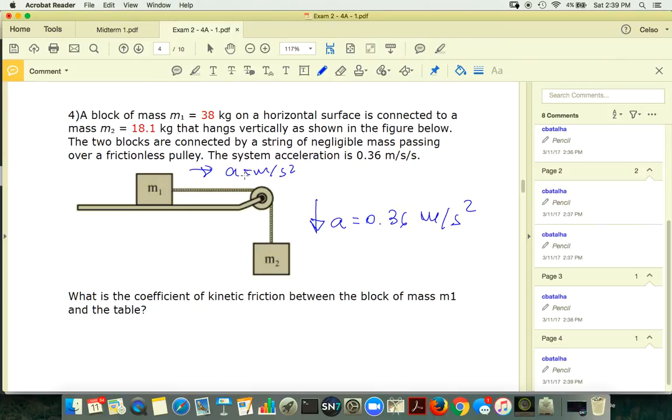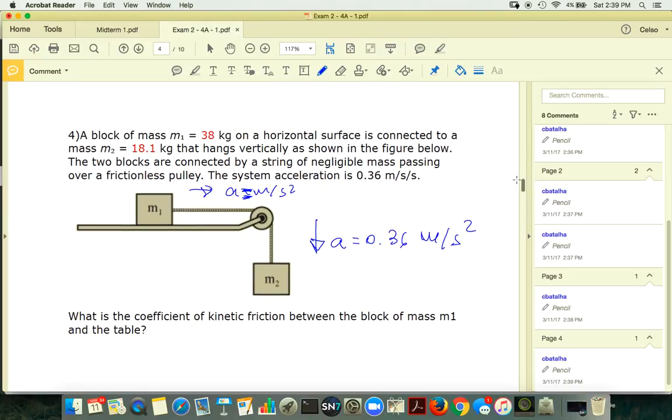And both blocks move with the same magnitude of acceleration, because they are connected by a cord that is not like an elastic, so the acceleration is the same, they move together. What is the coefficient of kinetic friction between the block of mass 1 and the table?